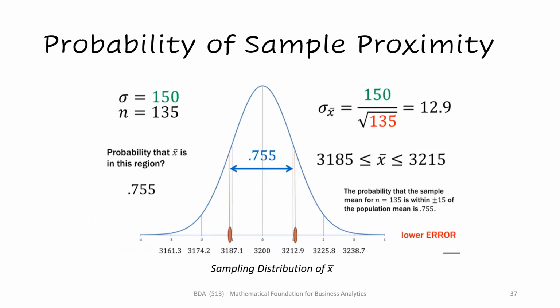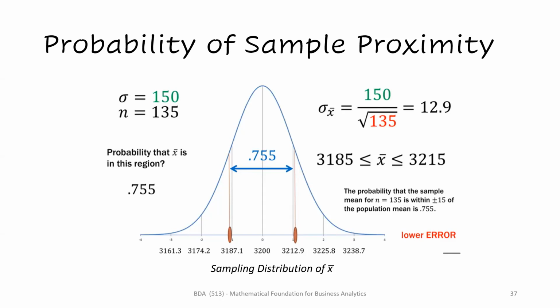Now, where our sample size is 135, work it out to see whether you will get the same probability of 0.755 based upon what we've done already.